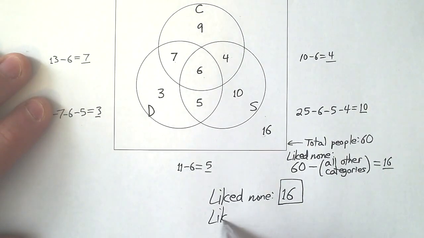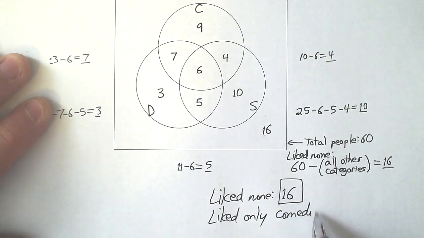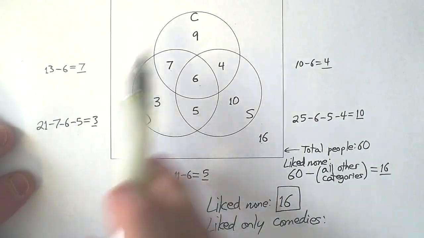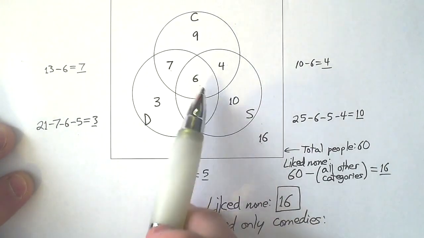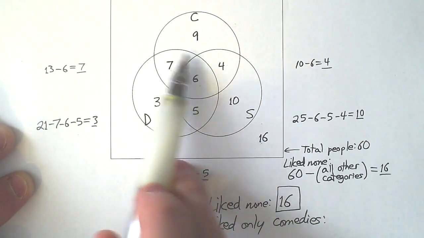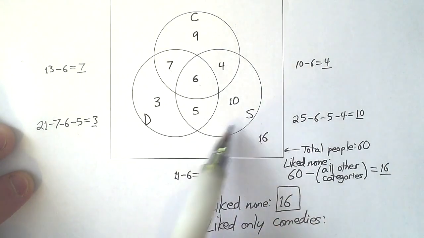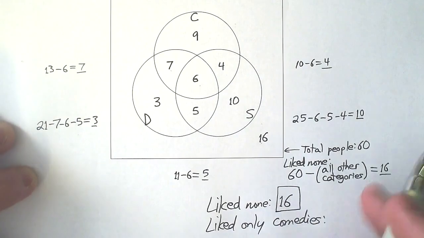And the number of people who liked only comedies, what do you think? It would be the number of people in the circle of C who are not in the circle of D and not in the circle of S. So it's 9.